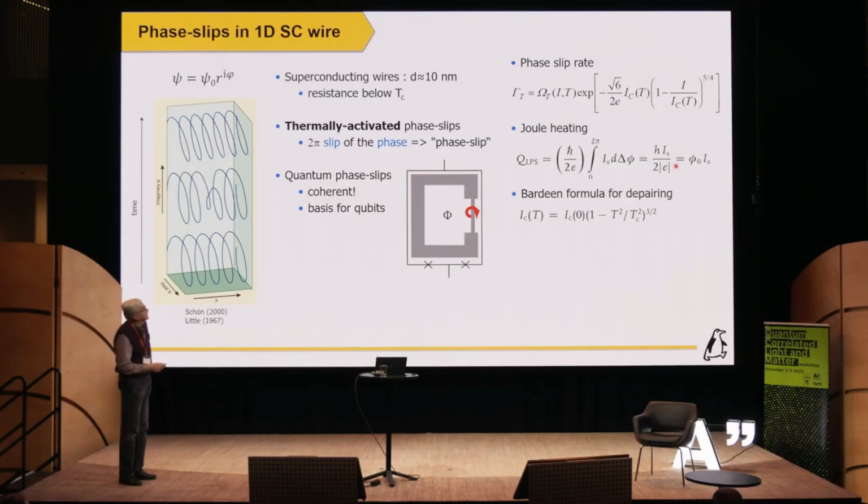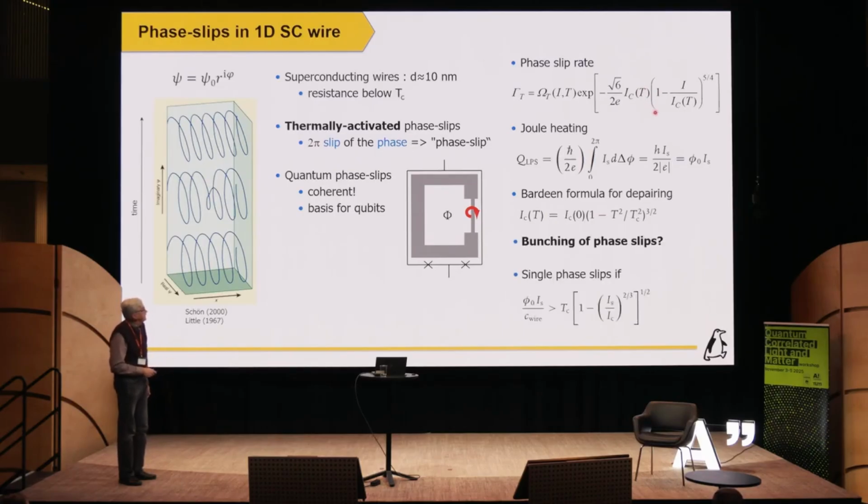And if it increases a lot, then of course this rate increases a lot, and you will have additional phase slips following. Or, if the heat that you put in compared with the heat capacity is very large, then of course a single phase slip is enough to just drive the system into the normal state completely, and then you will not have any bunching.